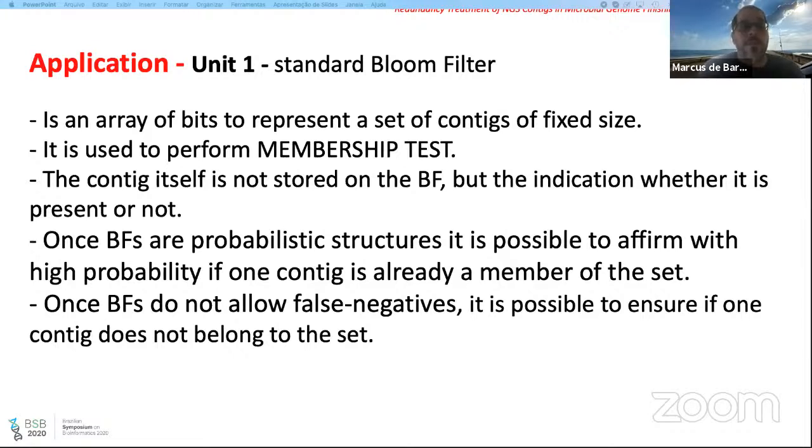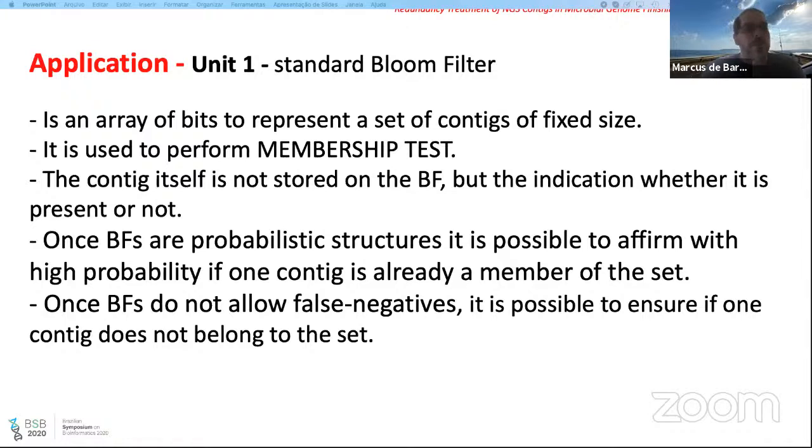First, to define it, a Bloom filter is an array of bits, in this case, that represents a set of contigs of fixed size. A Bloom filter is commonly used to perform membership tests, when I would like to check if one element is a member of a certain set. It is a very quick technique and structure with low storage capacity.